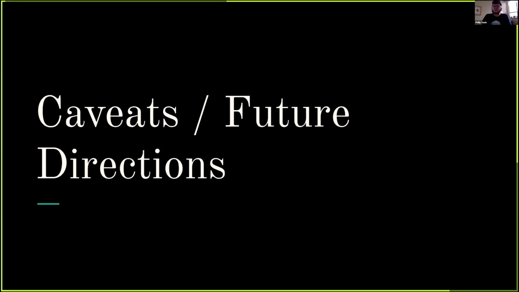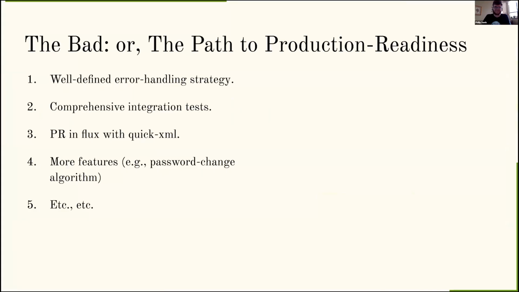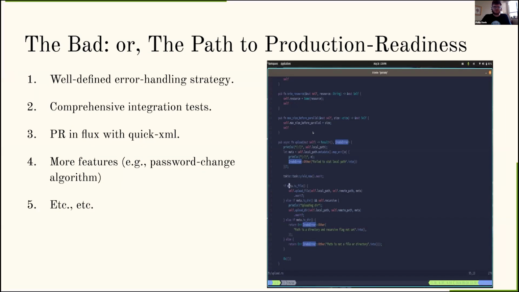So let's now talk about the large number of caveats and things that have to be done. It's kind of hard to see because I struggled getting a screenshot here, but one of the main problems in the Rust ecosystem right now is that there isn't really a consensus strategy for handling errors. One side effect of this is that it's not obvious how to do it in your projects.